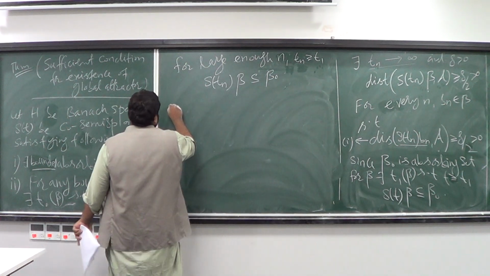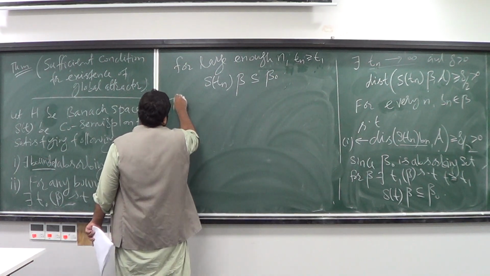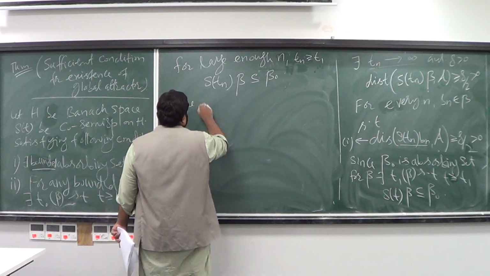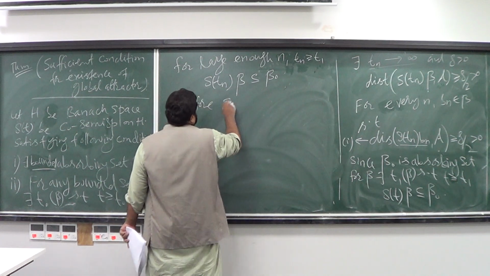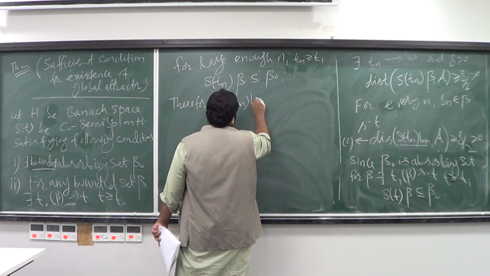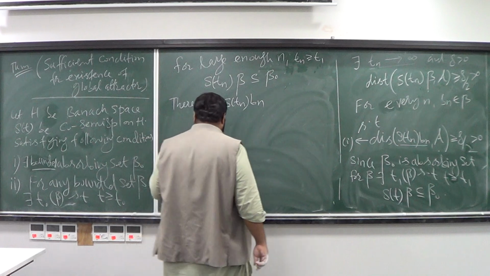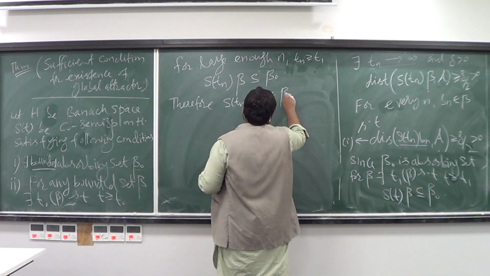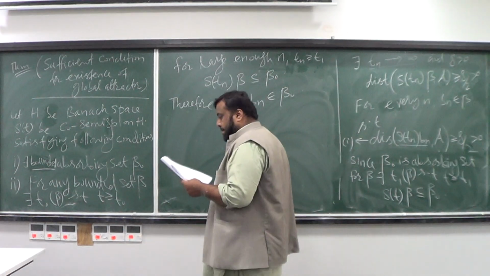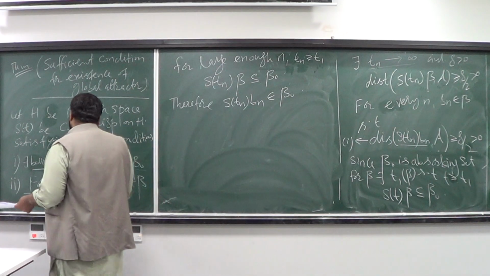Hence, therefore, I'm going to say that this sequence S(Tn)Bn, where Bn are the elements of B, is a sequence in B naught actually.